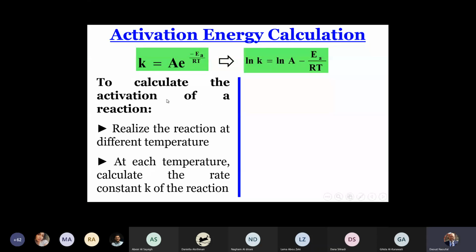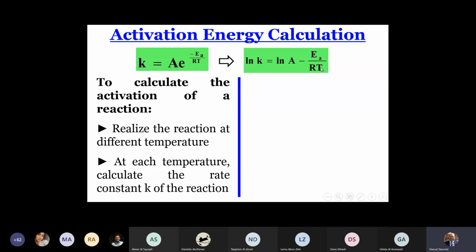To calculate the activation energy of a certain reaction, this is the experiment done in the laboratory. This is the main method to find the activation energy of a certain reaction: to go to the lab to realize the same reaction at different temperatures. So you do several experiments for the same reaction at different temperatures.